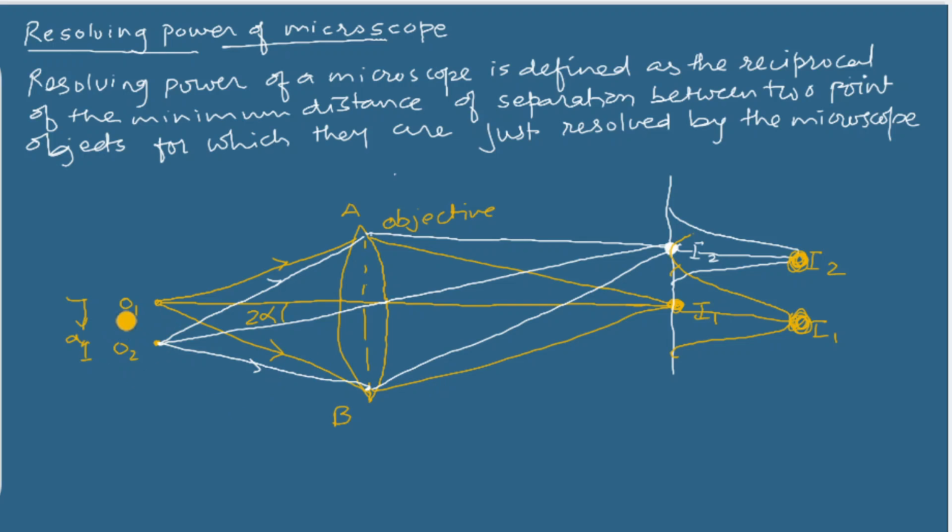This much distance we consider, that is A. Suppose this is a medium having refractive index mu, or sometimes n, the refractive index of the medium between the object and the objective.